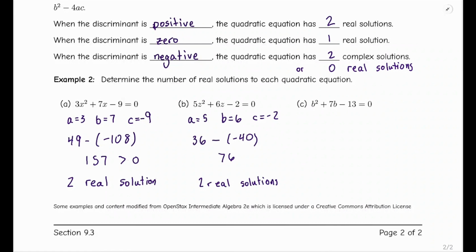And then part C. A is 1, B is 7, and C is negative 13. So B squared is 49, minus 4 times A times C, which is negative 52, which gives us 101. So there's two real solutions.